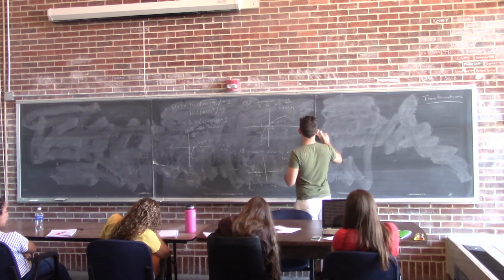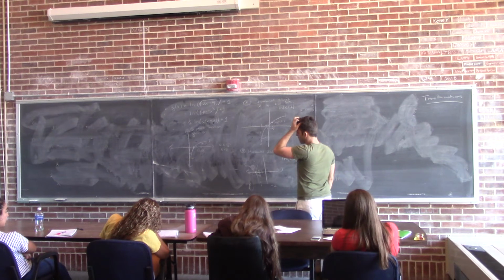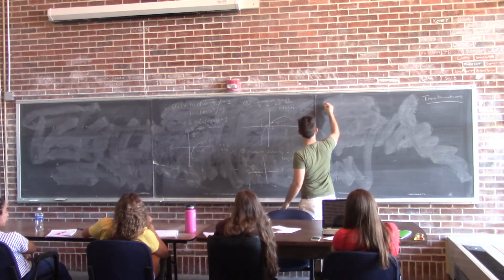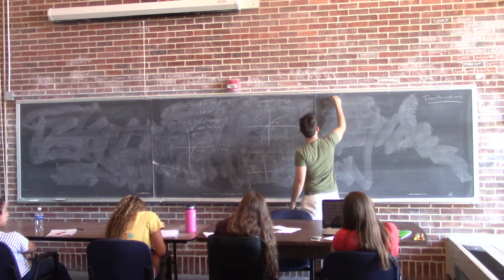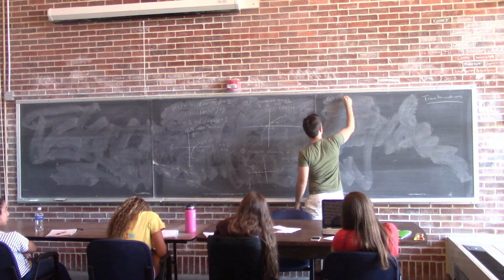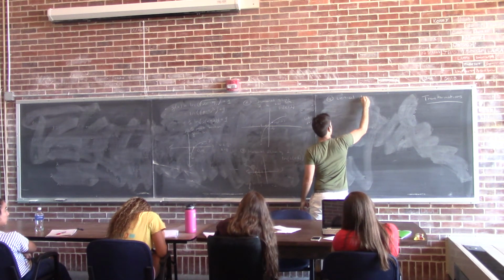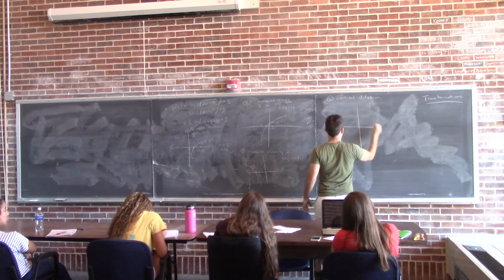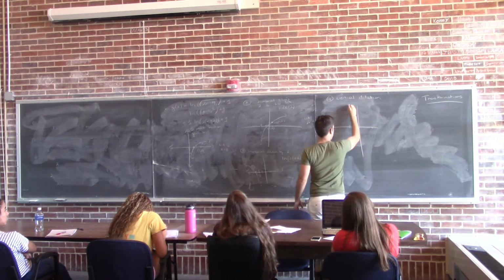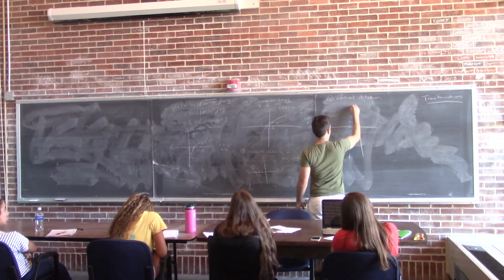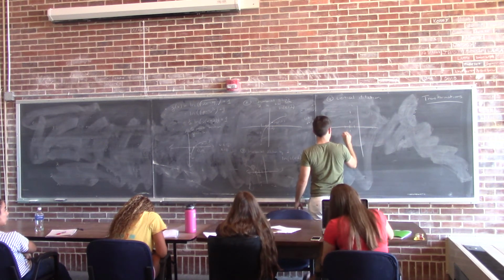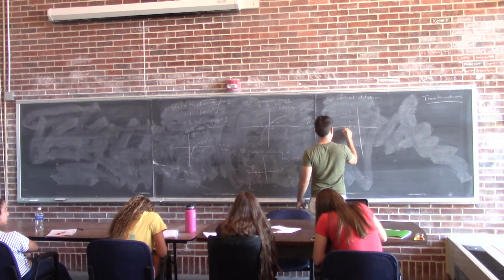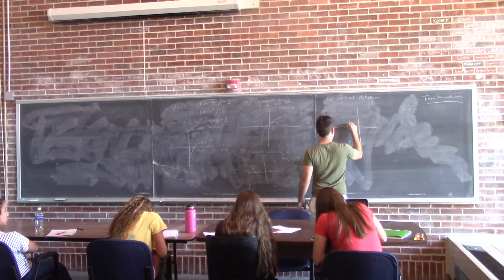All right, we've got two things left to do. What are they? Vertical dilation. And we've got these beautiful points of negative 3, 0.